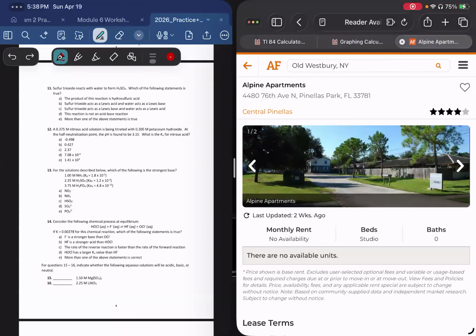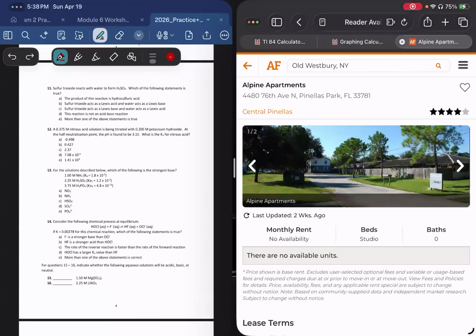So is F minus a stronger base than OCl minus? Well, if there's more reactants than products, that means this reaction's happening more in favor than this reaction. That's what my arrows mean, right? And so A is technically wrong because if it was a stronger base, it would have to be the other way around.